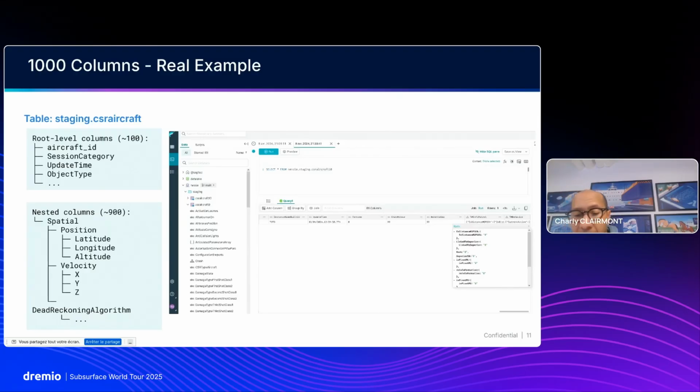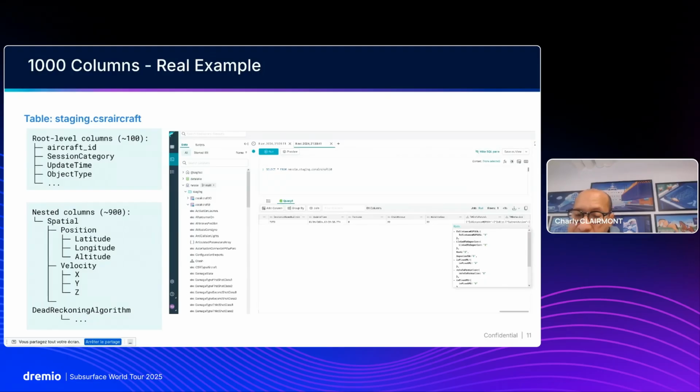Apache Iceberg's Parquet format handles these nested columns natively. They were not flattened for querying. In Dremio, we access these deep fields with standard dot notation.